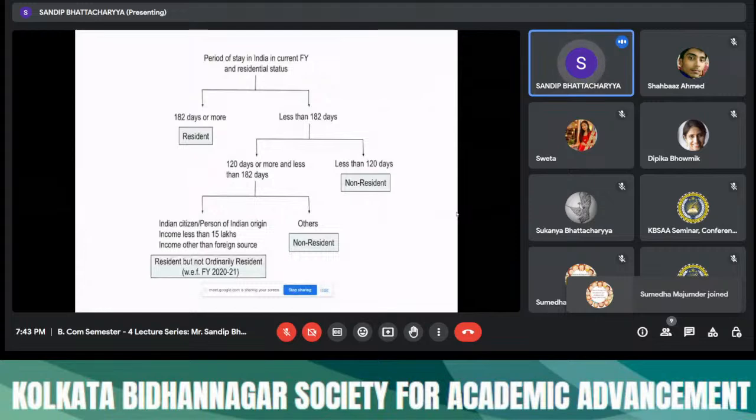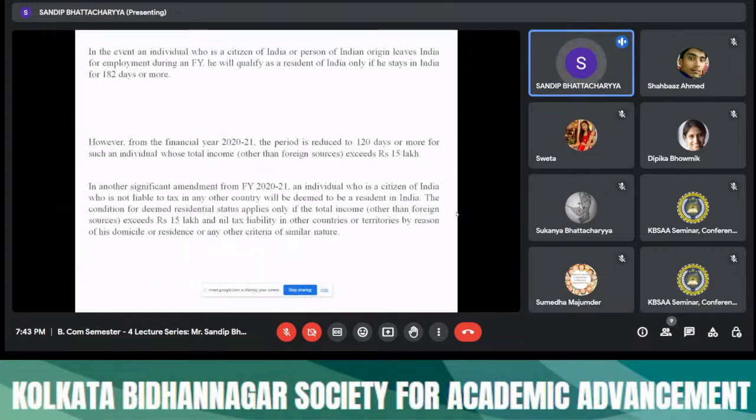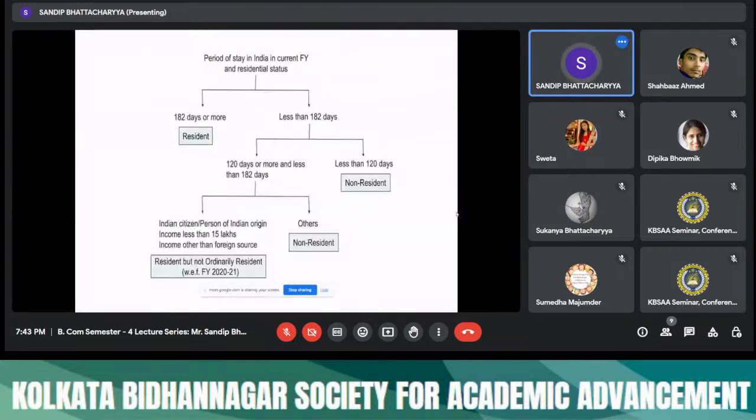You can see here that from the financial year 2021, this period is reduced to 120 days or more for an individual whose income exceeds rupees 15 lakh, other than the foreign sources. So you can see that it is less than 182 days.